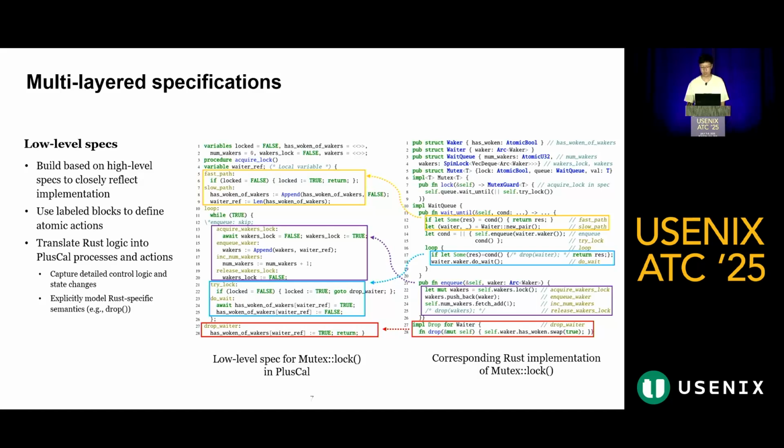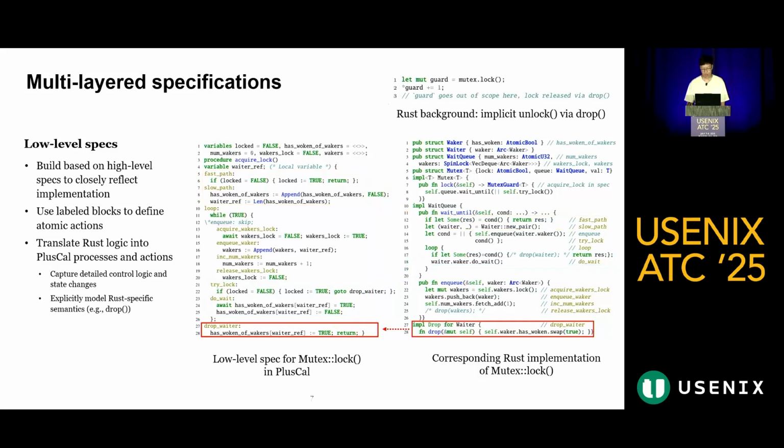For example, the figure shows the code segments in different colors. Each colored block corresponds to multiple labeled actions in the specification. We also explicitly model Rust-specific semantics, such as automatic lock release triggered by drop. When a guard goes out of scope, the red block in the figure illustrates how this behavior is captured.